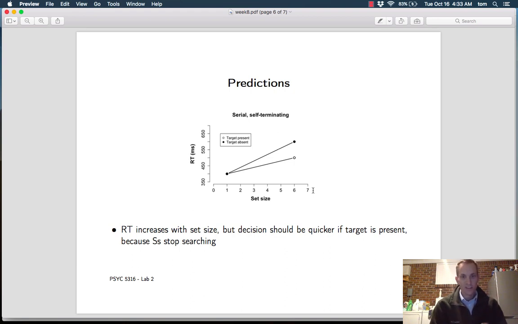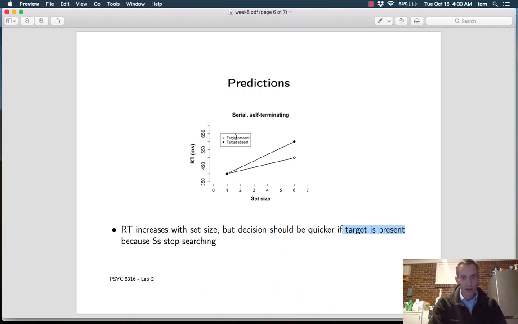Now, if it is the case that it is serial, we can look at serial self-terminating or serial exhaustive. With serial self-terminating, you've got the signature of RTs increasing with set size, but there should be a difference in the slopes of the target present versus target absent trials. Why is that? Well, if the target is present, the decision should be quicker. It should take less time.